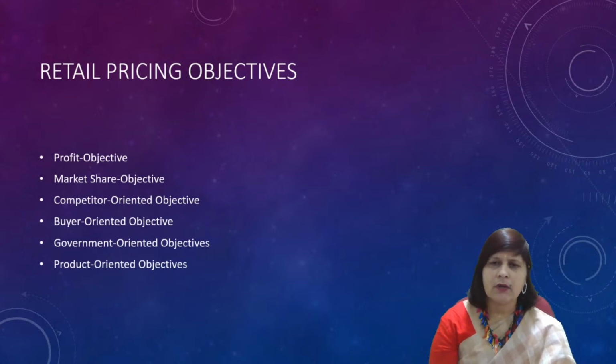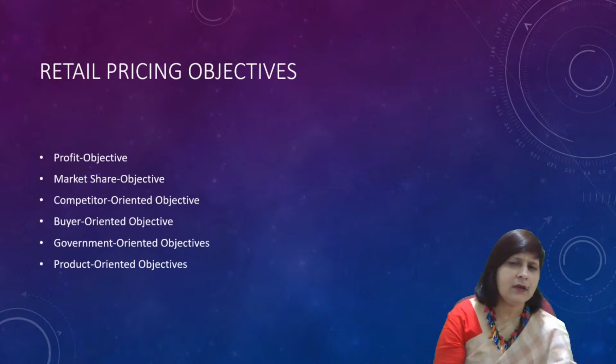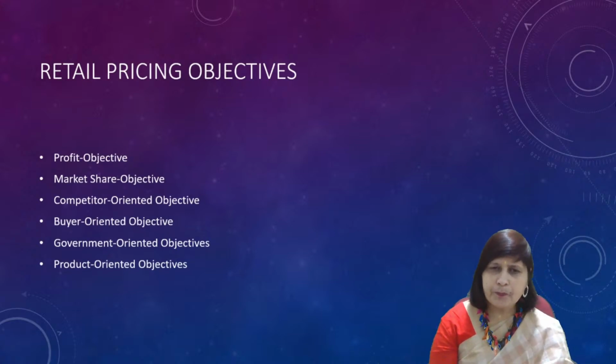So it depends on the type of market I am dealing in, as well as the competitors, how many competitors, and the substitute products or services available to the customers. So, competitor objective, and I want an advantage over competitors. If you want an advantage over competitors, then you can decide your price accordingly.